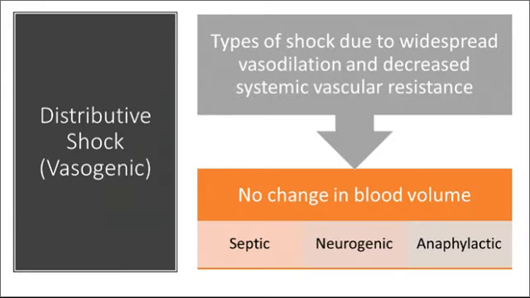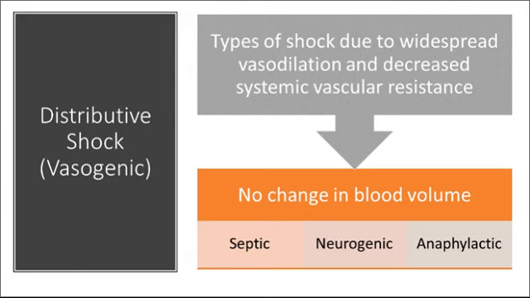The last type of shock is distributive shock, vasogenic. It's a type of shock due to widespread vasodilation and decreased systemic vascular resistance. Of course, if you vasodilate widespread, there is less resistance in the vasculature because it relaxes.